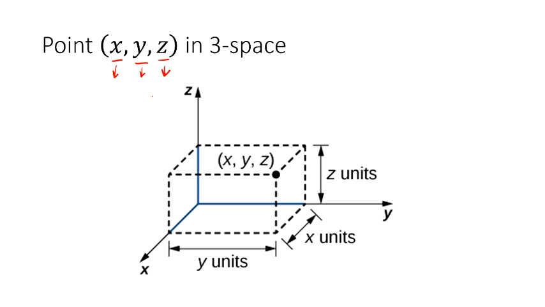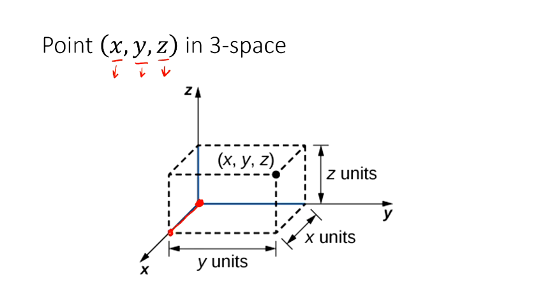So when you think about this kind of point x, y, z in three-dimensional space, think about this rectangular box again with one of the corners exactly at this origin 0, 0, 0. Let's start here and see where we can get to using these x, y, z coordinates. The x coordinate means following the x direction, I'm going to move x units.